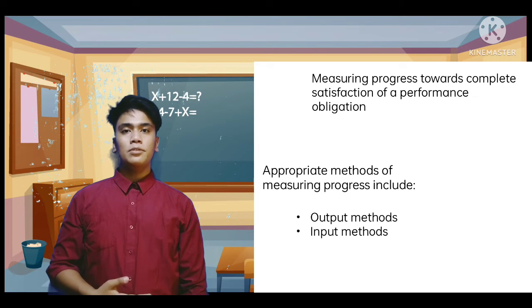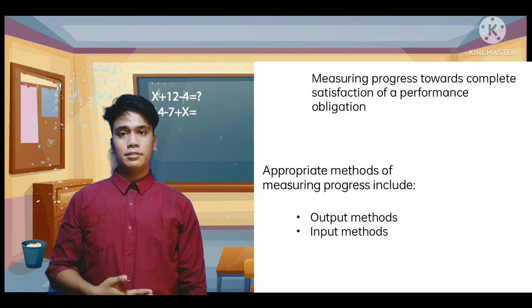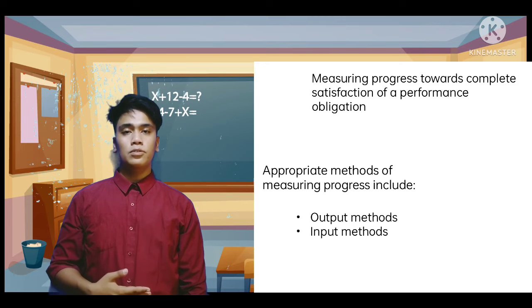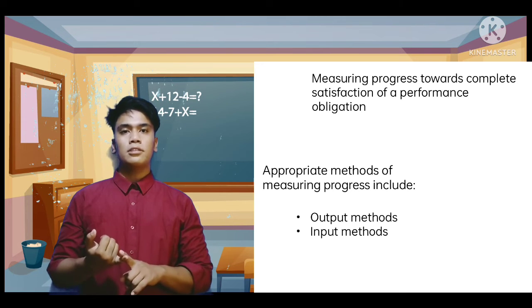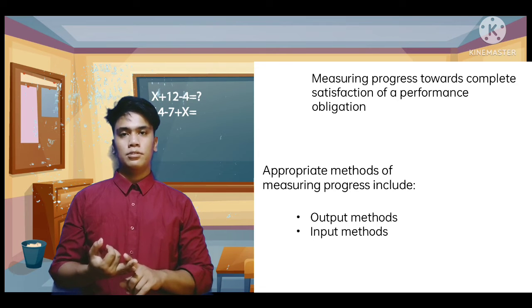The entity uses a single method of measuring progress for each performance obligation satisfied over time and applies that method to remeasure its progress at the end of each reporting period. Appropriate methods of measuring progress include output methods and input methods.